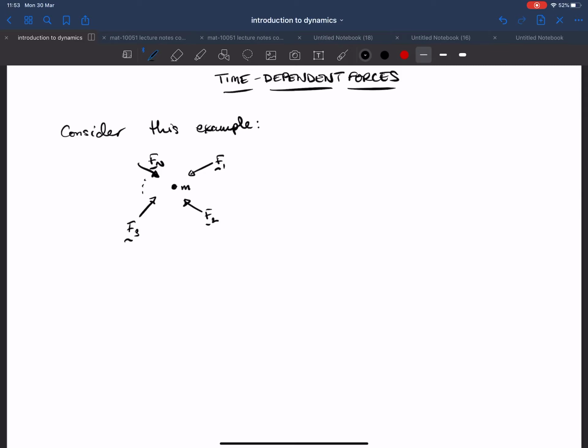And of course, the resultant force is the sum from i equals 1 to capital N of each individual force vector.